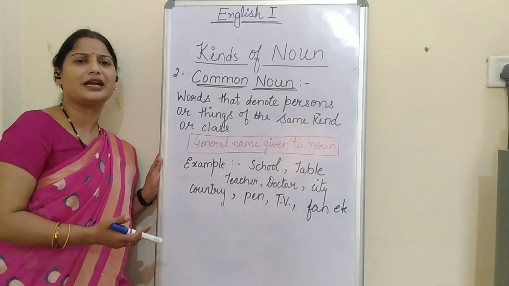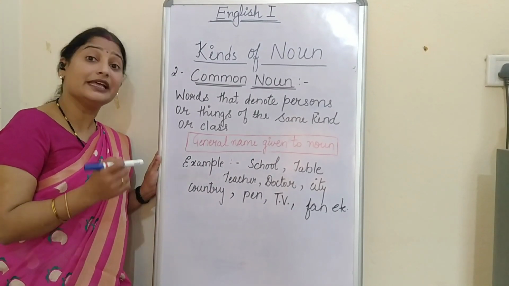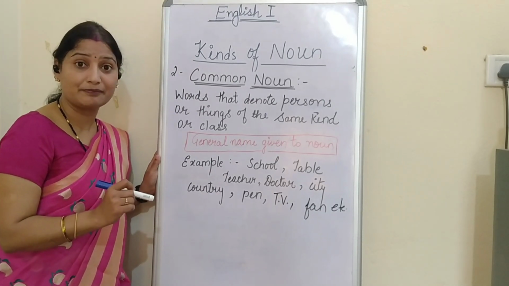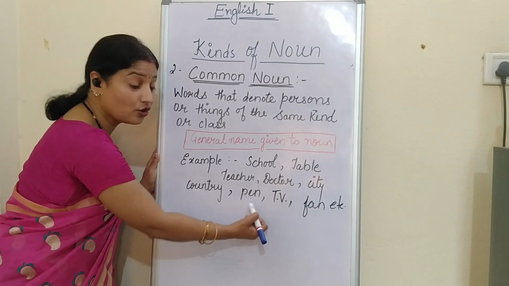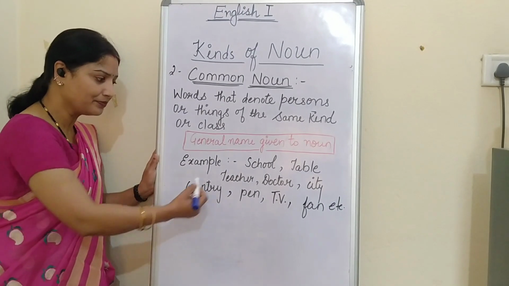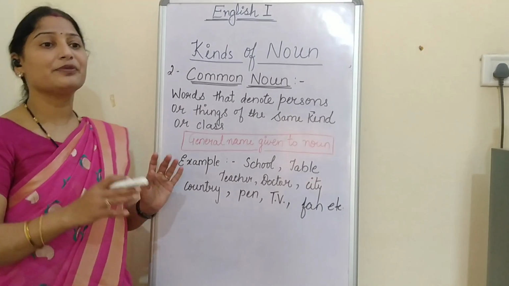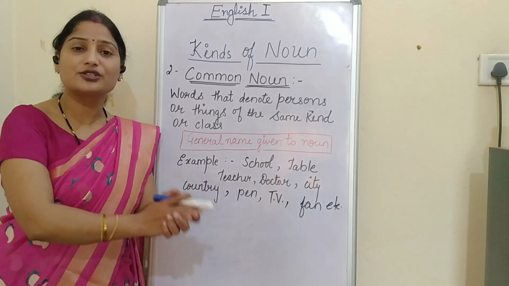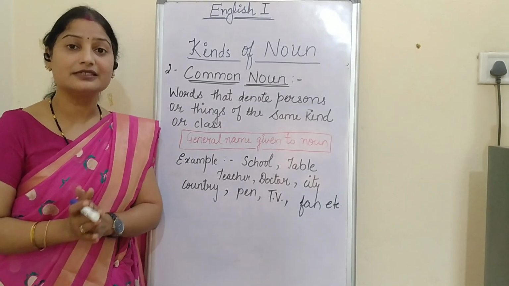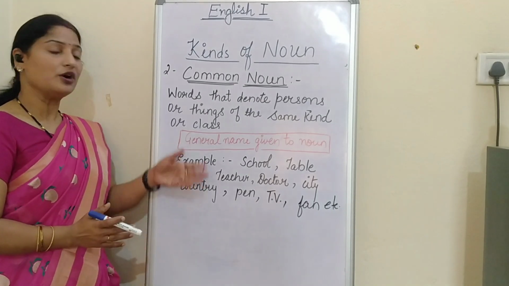Suppose I say that I have a Reynolds pen or I have a Pentonic pen, then it will become a proper noun. But if I am saying only pen, then this is the common noun. In the same way, teacher is also a common noun because there are many teachers like science, maths, social teachers, Hindi teachers and English teachers. So this is all about common noun.